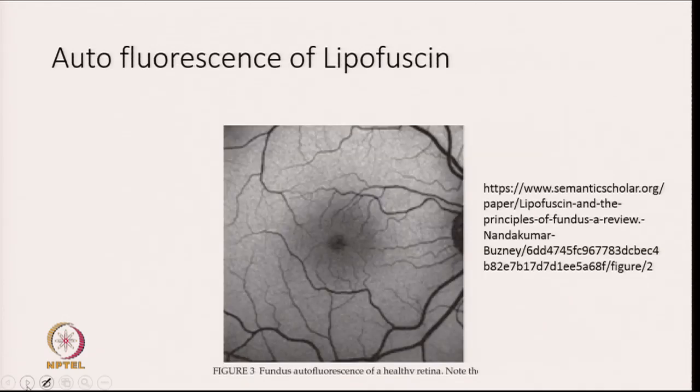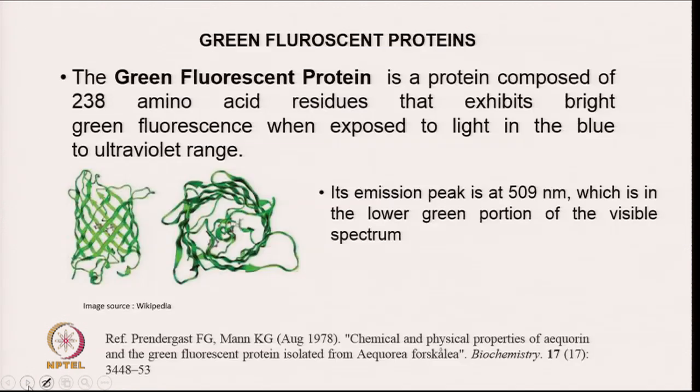Lipofuscin of the retina also has autofluorescence, as I told you, and that can be seen from this fluorescence microscopy image, and you can see everything is quite clear here. Dark lines can be seen. So, just from autofluorescence you can see the different tissues.